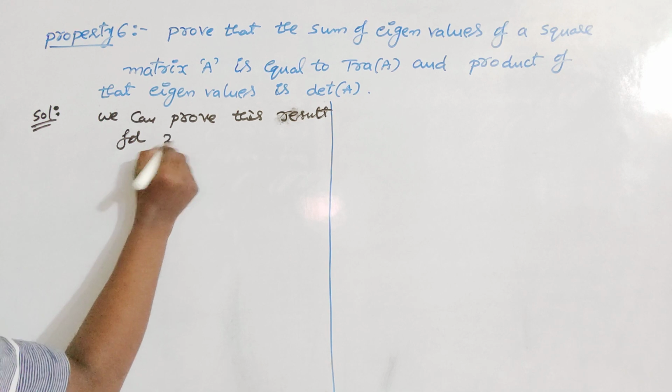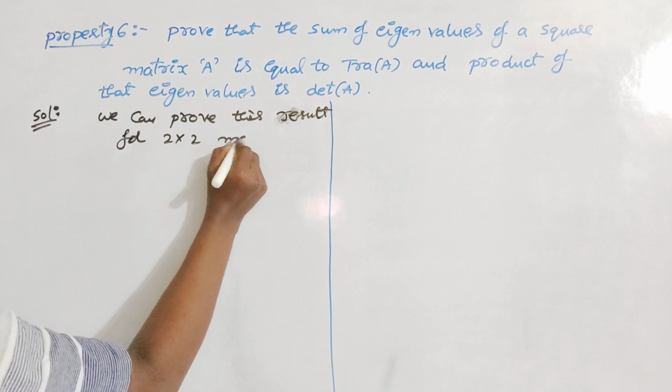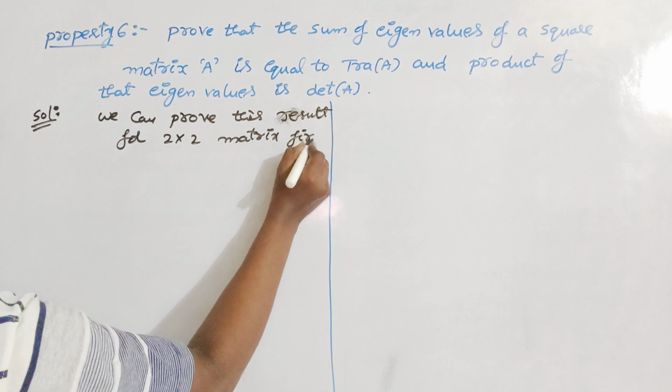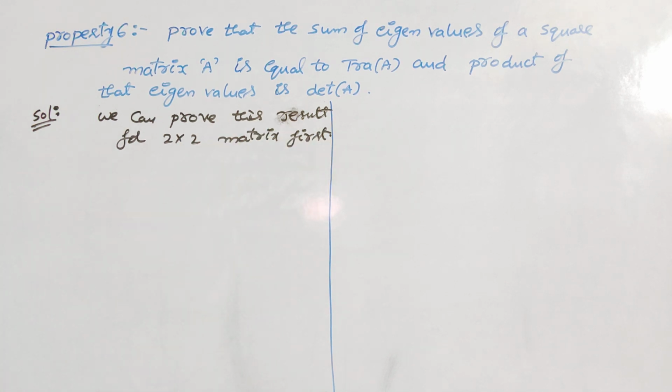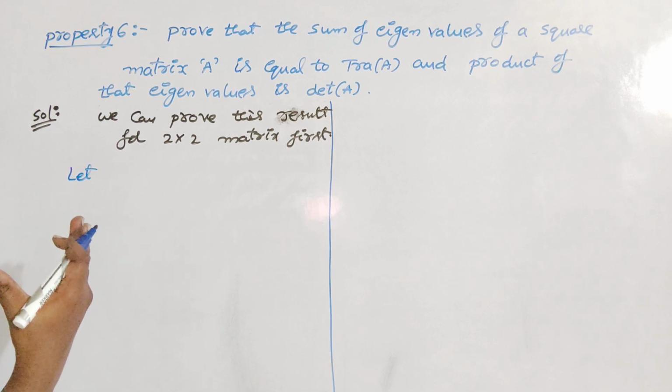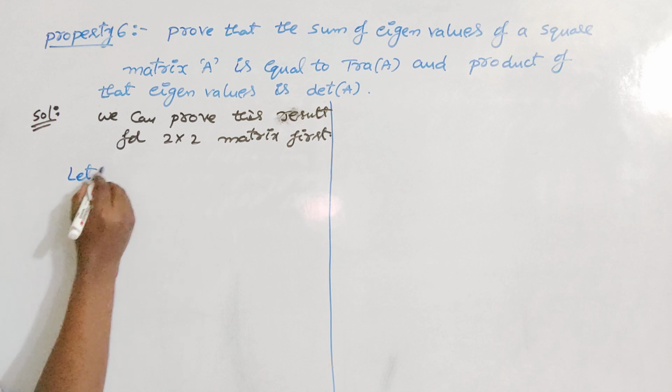We can prove this result for a 2 by 2 matrix first. Let us take a 2 by 2 matrix in general. Don't take the 2 by 2 matrix with any real numbers.